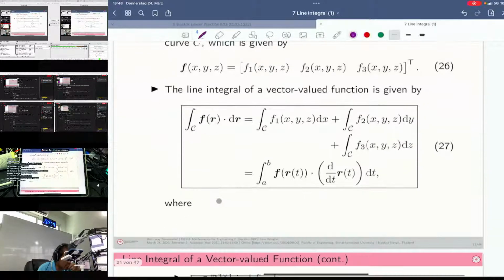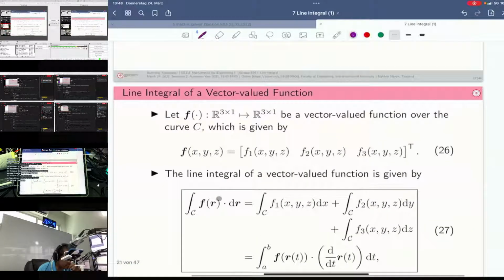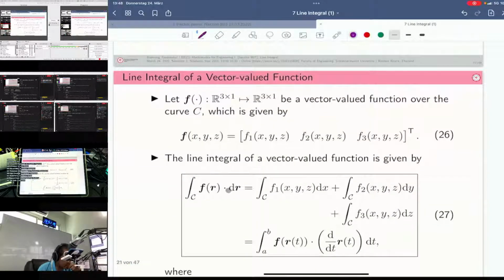If you want to find the line integral for the vector value function, you're going to need to take the dot product between that vector function and the infinitesimal increment of the position vector, and you don't have to worry about that.